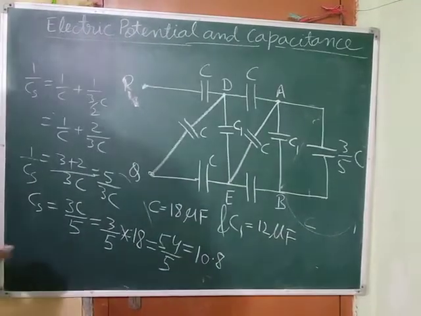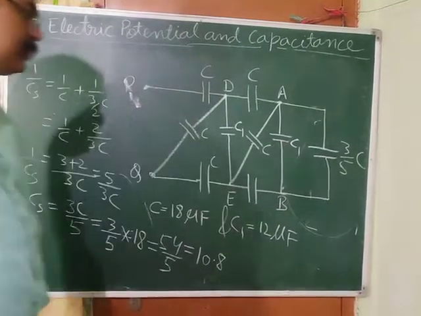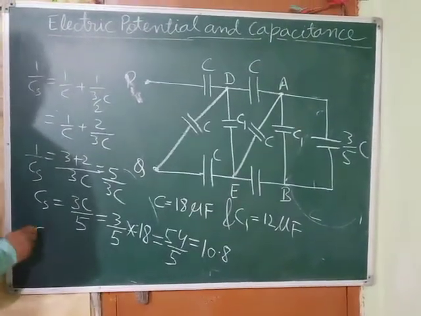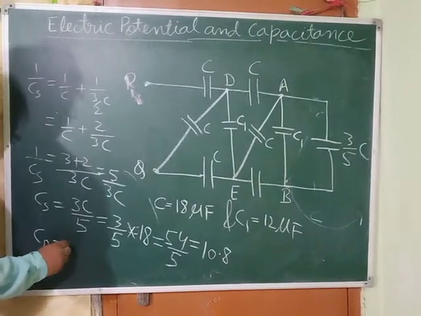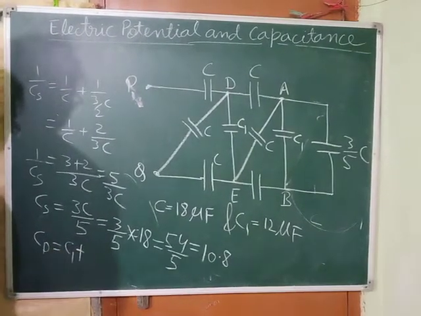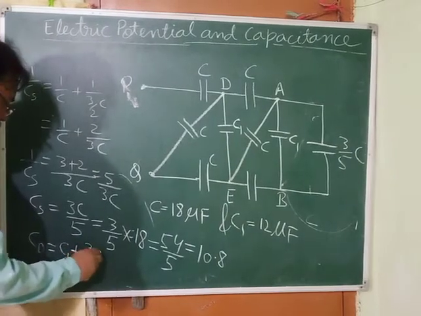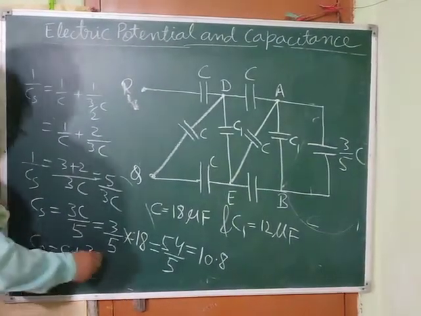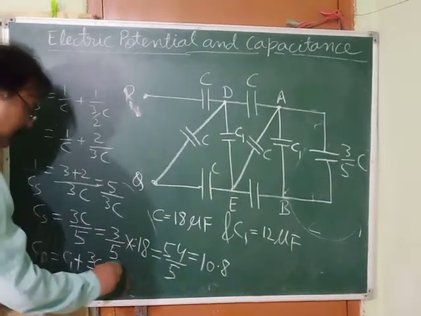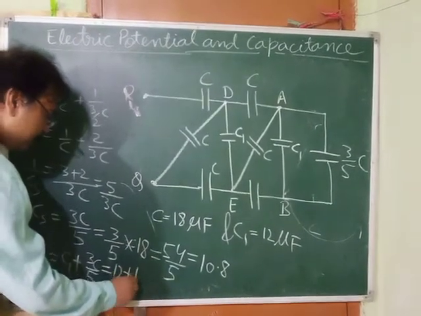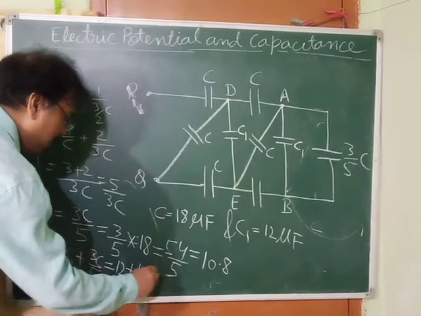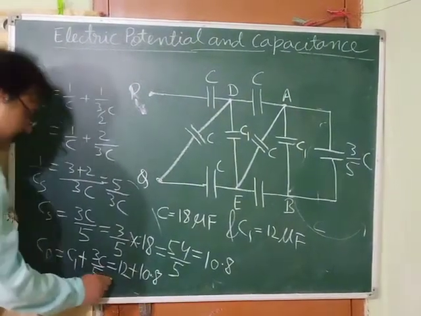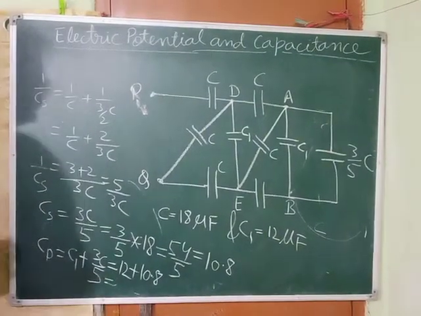Now what is the capacitance of this? It is 12. We have to just add because they are in parallel. So the total capacitance CP is C1 plus 3C by 5. C1 is 12 and 3C by 5 is 10.8. So 12 plus 10.8 is 22.8.